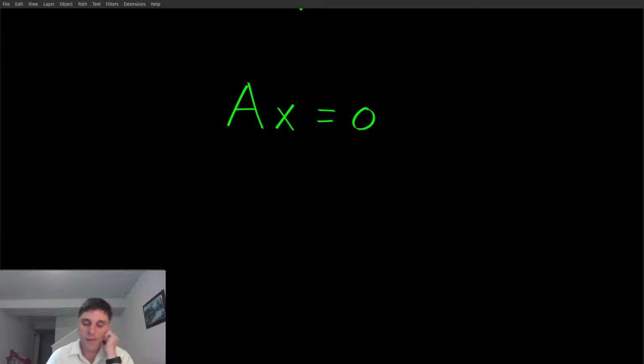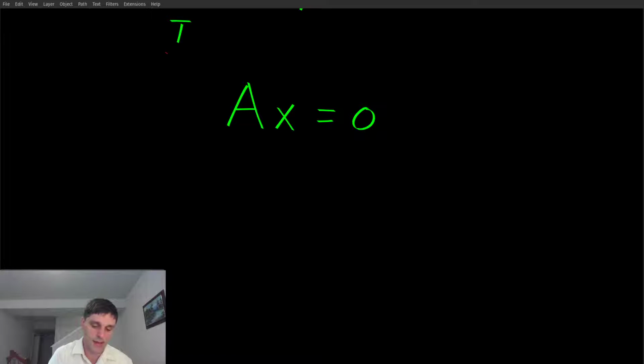Remember we said that if the columns of A are linearly independent, they don't depend on each other, then this system of equations, Ax equals 0, is going to have only the x equals 0 solution, the standard homogeneous equation solution. So maybe I'll write something to that effect up here.